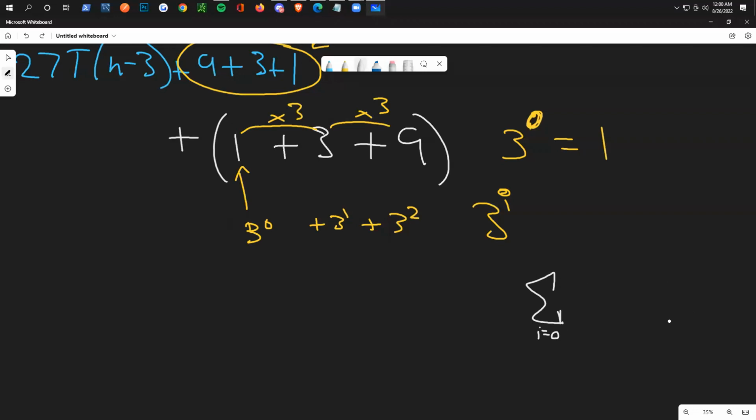So meaning let's just see what is the first term and what is the last term, like what this i is going to be. The first term obviously is 0. The second term is obviously 2 right here. So we see 3 to the 0. And then the last term in the third iteration was 9. So that's 3 to the 2, right?